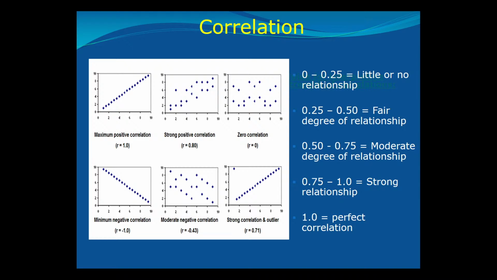The correlation coefficient equals minus 0.4, and the graph looks like this one. And the last graph shows strong correlation and one outlier. The correlation coefficient equals 0.7 because of one outlier.